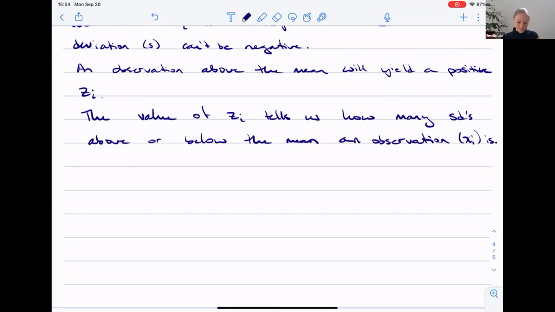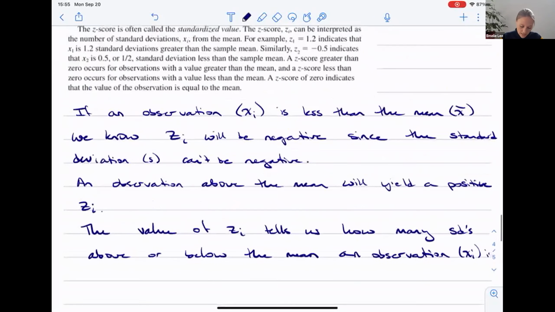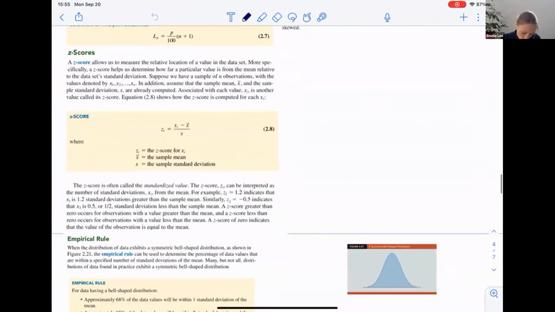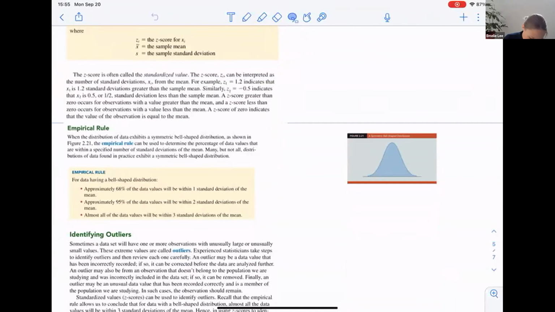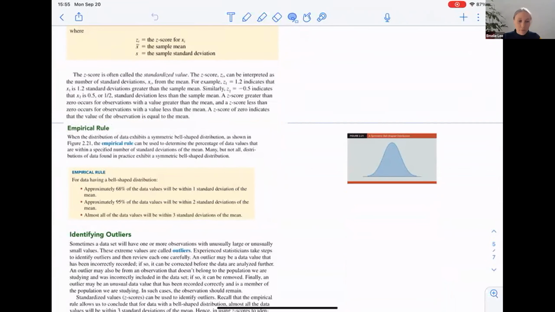All right. So what can we use the standardized values for? Well, if we can standardize all these values and figure out how many standard deviations everything is from the mean, we can use that. In fact, it's called the empirical rule, or if you've taken stats, you've probably used the 68, 95, 99.7 rule.